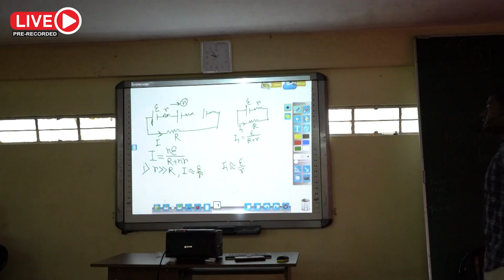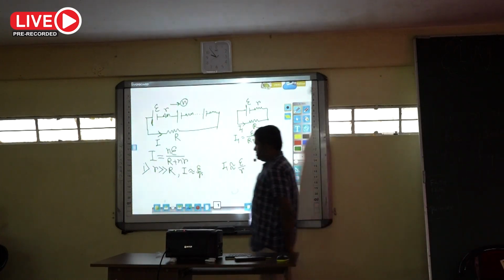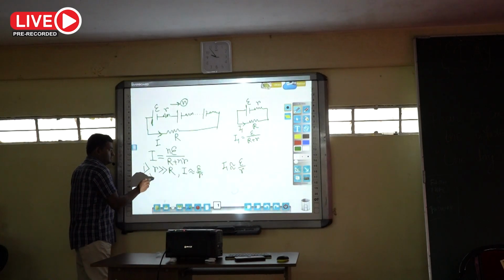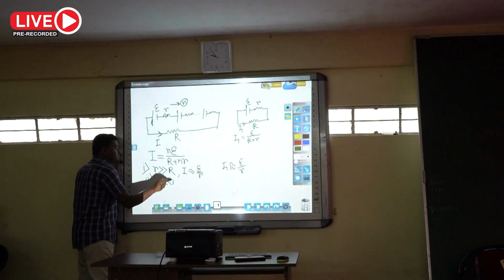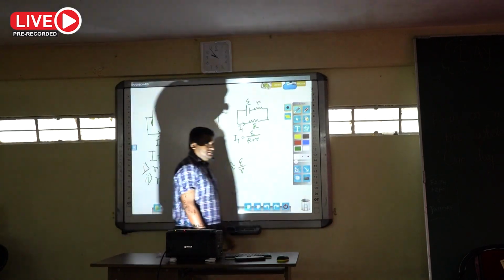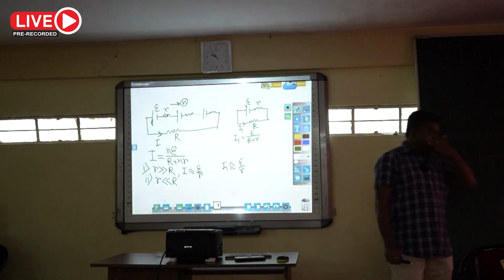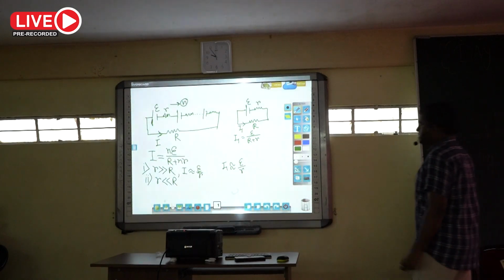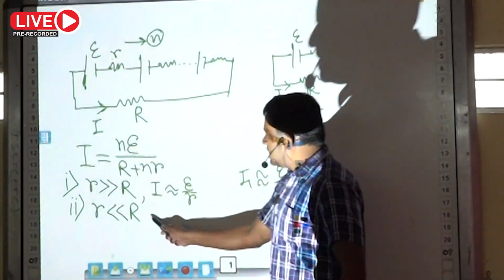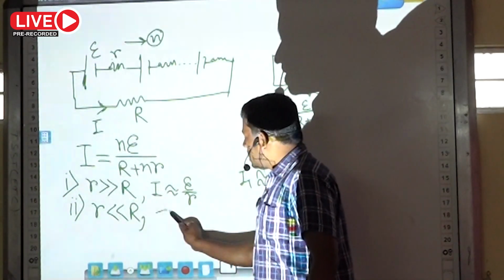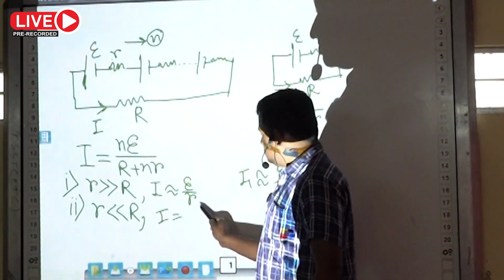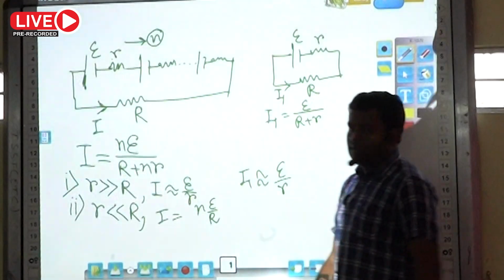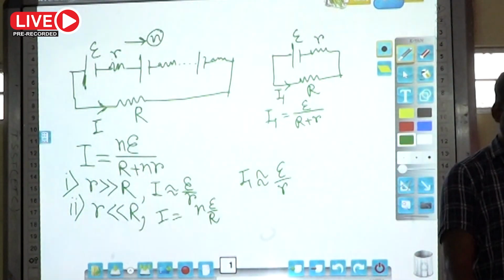Now the second situation. If small r is very less than capital R, then what happens? Small r is very small compared to capital R. Then for the first case I can write I equal to nE by capital R, because I put now small r equal to 0.